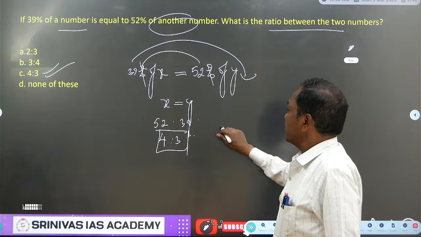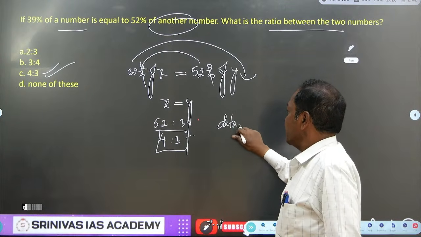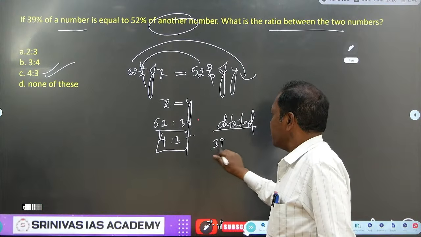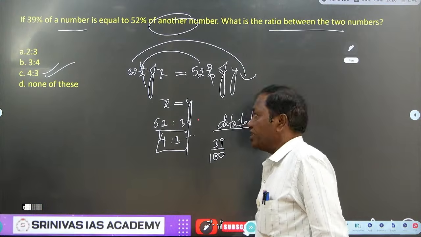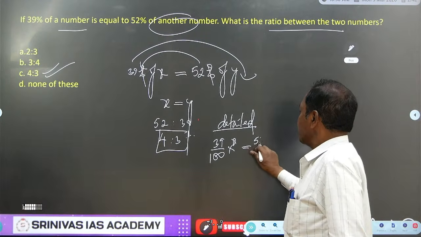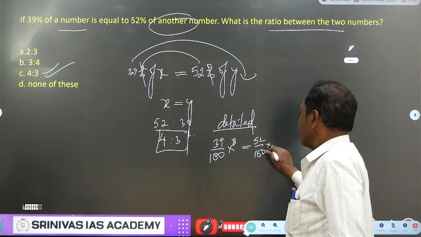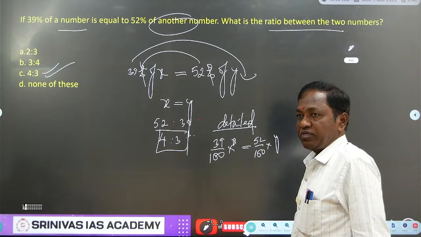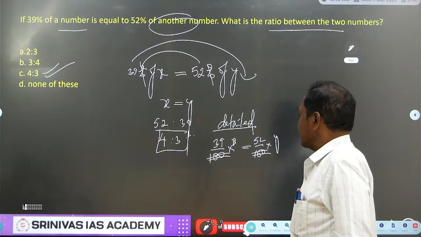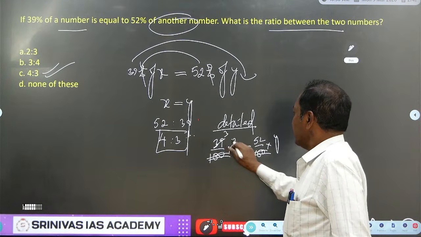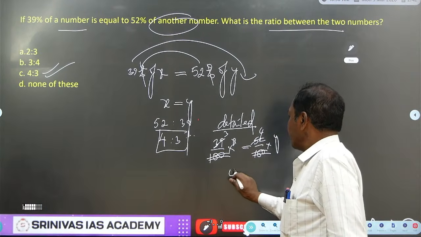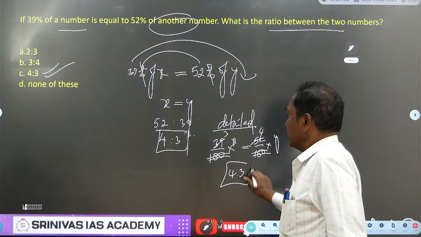In the detailed method, 39% can be written as 39 by 100 of X is to 52% of number. If you write like this, fraction wise, the denominators get cancelled, and 13 3s and 13 4s. Let X be here only, 4 is to 3. Right.